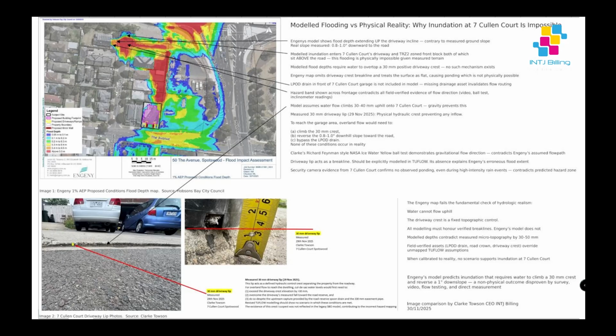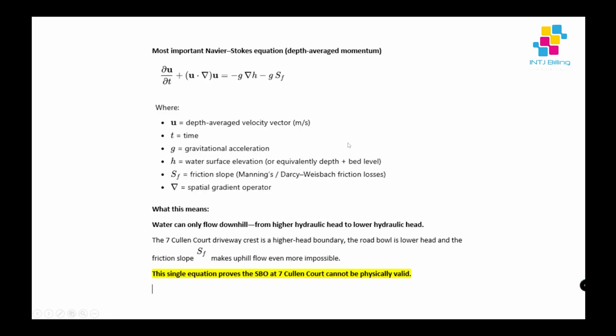Right, and the moment you understand the governing equation of flood modelling, you'll see instantly why the special building overlay on 7 Cullen Court cannot physically be correct. If you'll remember, we have our most important Navier-Stokes equation, the depth averaged momentum equation.